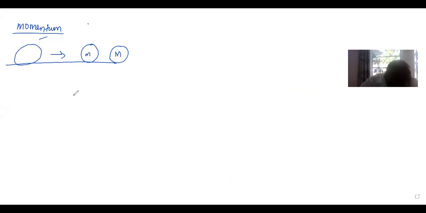So we can have the velocity of the fragments as u and v respectively. Show that the ratio of the kinetic energy of the fragments E1 to E2 is equal to capital M over small m.